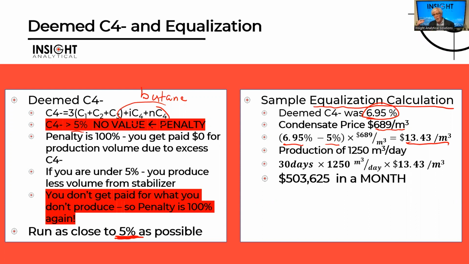So for every cubic meter of condensate that they put out in that month, they paid a penalty of $13.50. This plant's producing around 1,250 cubic meters a day. If you multiply that through 30 days, 1,250 cubic meters a day, almost $13.50 a cubic meter, that month, the penalty they paid for being over on their condensate was $500,000.